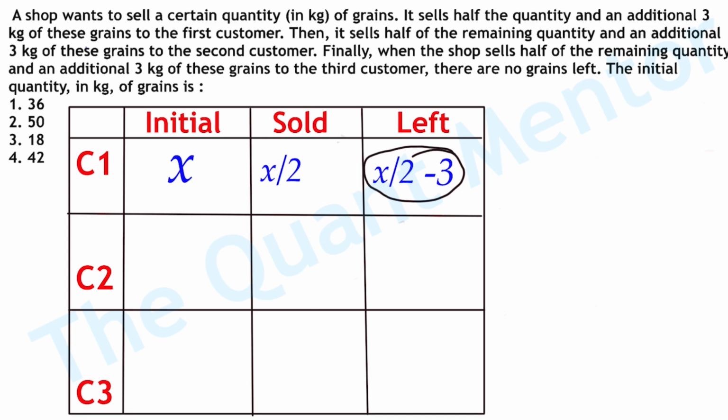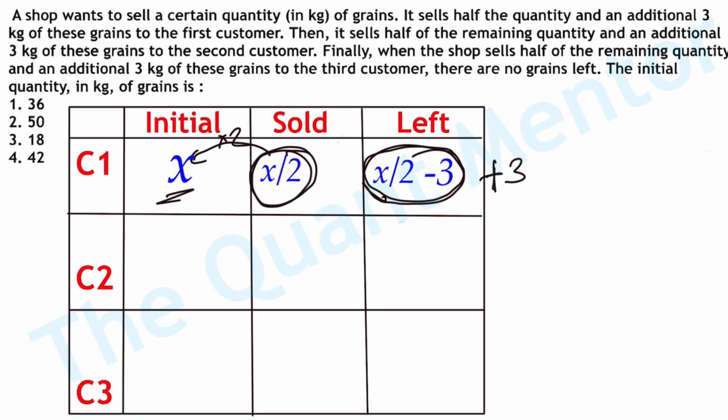So if you want to reach back to the initial quantity, you first add 3 to this, it becomes X by 2, and then you double it, it becomes X. So at any point of time, if you are given the quantity of grains left, you can back calculate the initial quantity of grains by simply adding 3 and multiplying by 2.